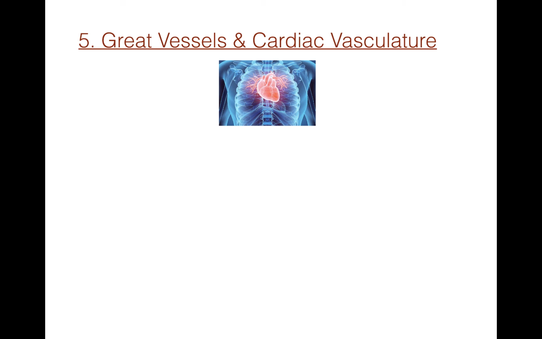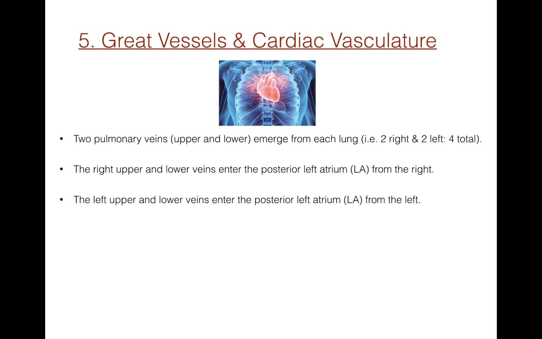The right and left pulmonary arteries branch further once they enter the hilum of the lungs. Blood within these vessels enters the lungs to be oxygenated and then returns to the heart via pulmonary veins. There are two pulmonary veins, upper and lower, from each lung. So in total there are four.